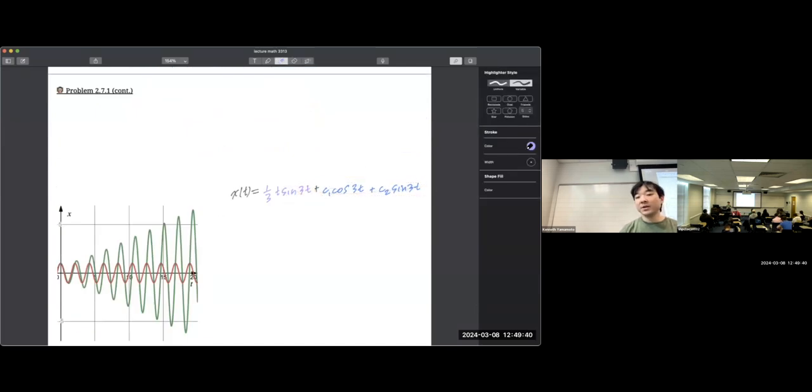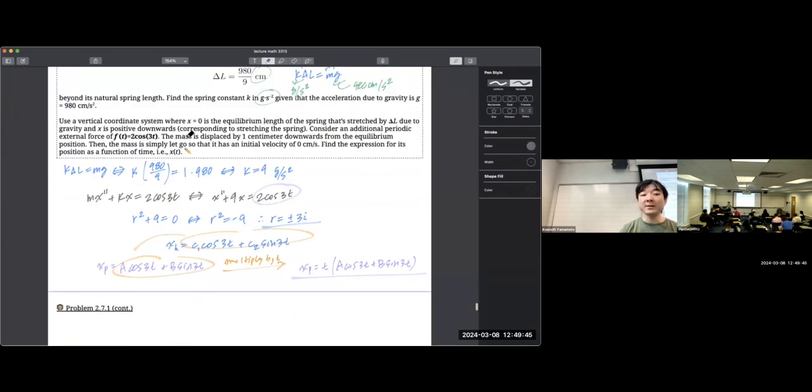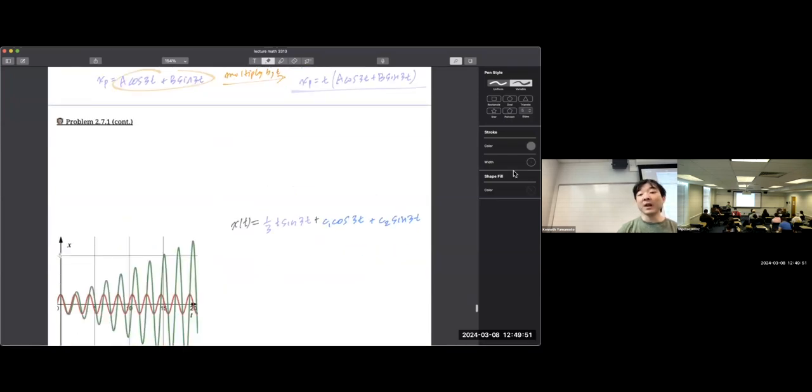And then of course there are initial conditions. It's saying the mass is displaced by 1 centimeter downwards and then simply let go, so an initial velocity of 0. Apply those initial conditions, and you'll get that this is equal to 1 and this is equal to 0.